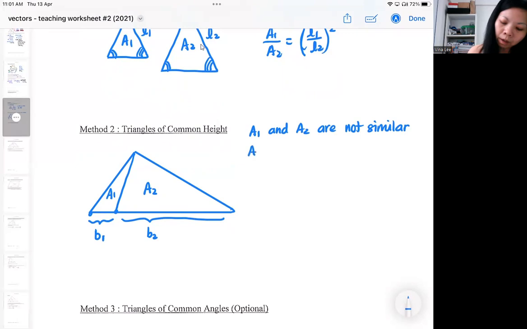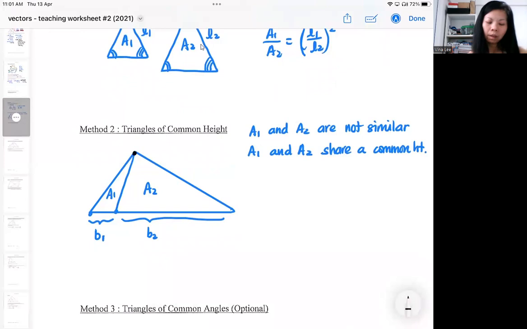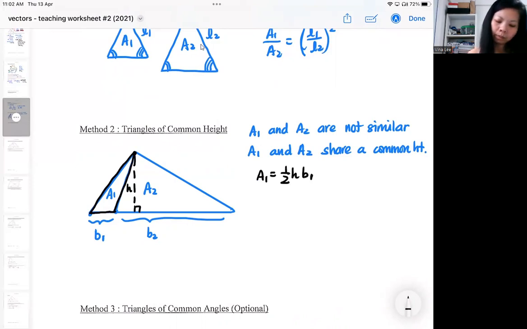In fact, A1 and A2 share a common height. Where is the common height? Between the two triangles, at the connecting point, you can drop down a perpendicular height. This is the height that is applicable for A1, because if I use this height, A1 will be half times height times B1.